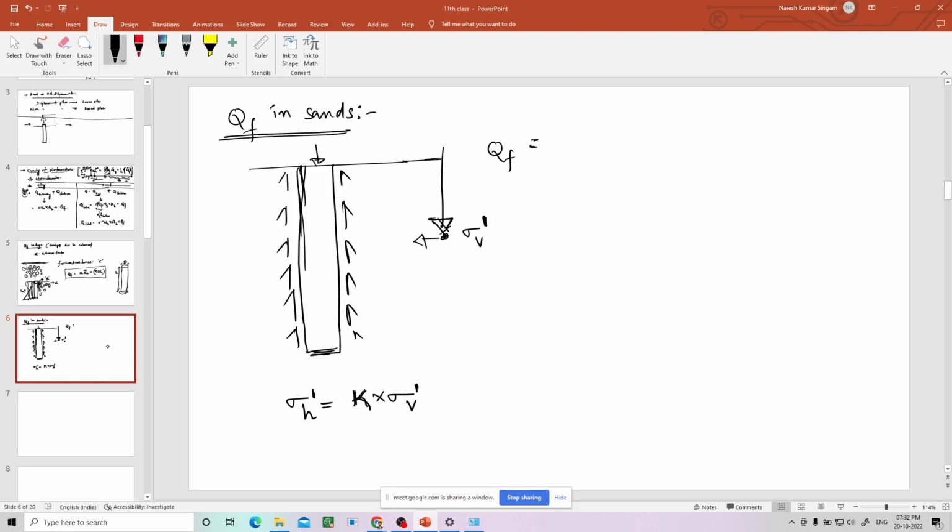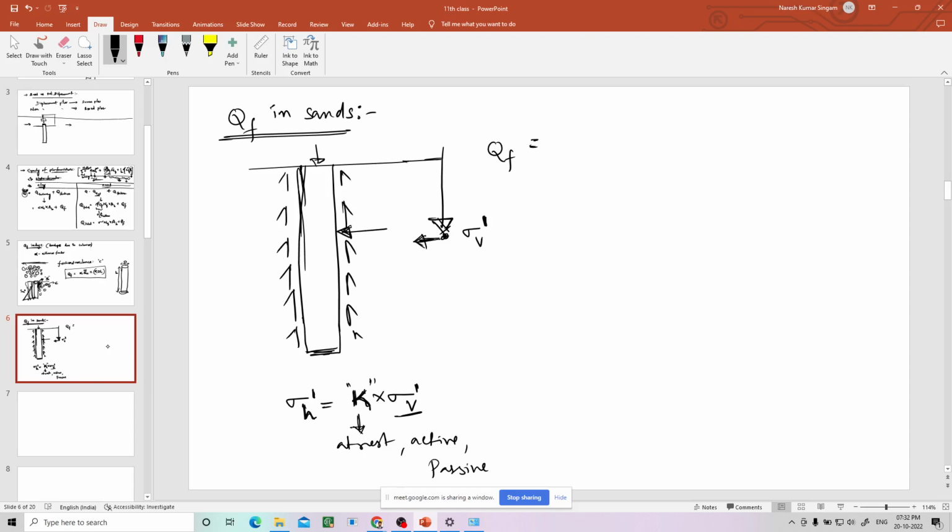So there will be three earth pressure coefficients. One is at rest, another is active, and another is passive. So you have to multiply according to that. If you multiply this K value with sigma v, you will get the horizontal pressure onto this pile.